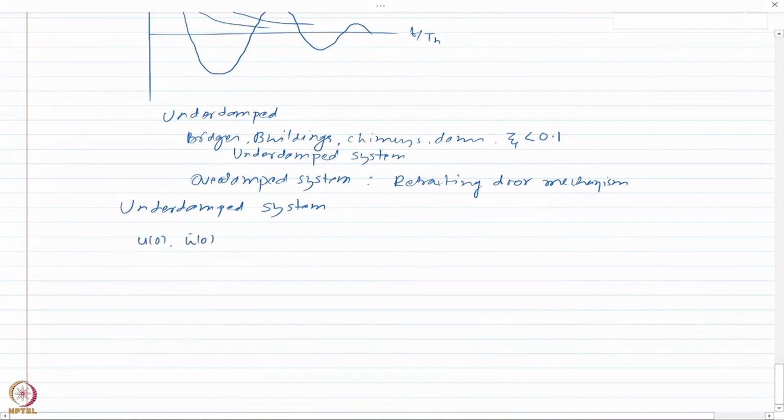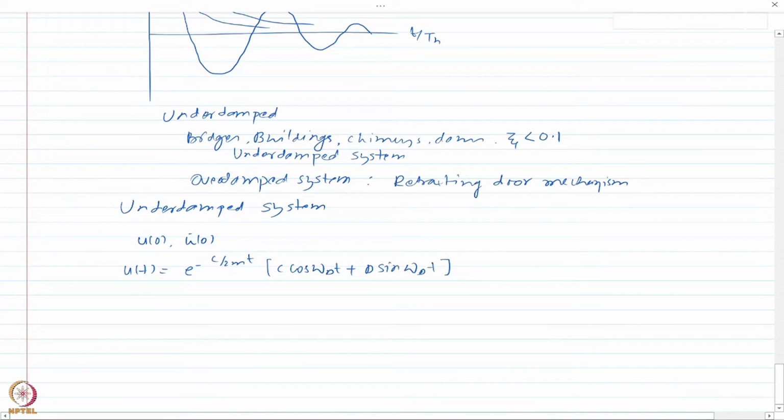So let me just write u(t) as e to the power minus c by 2m t, times c cos omega d t plus d sin omega d t. So I need to now solve this equation for the initial conditions.